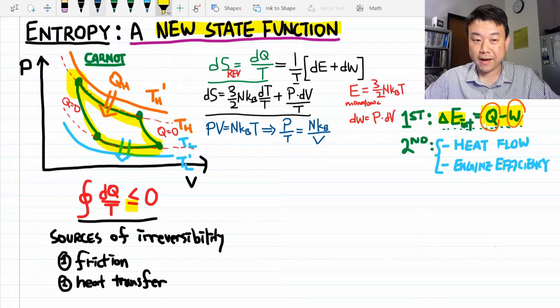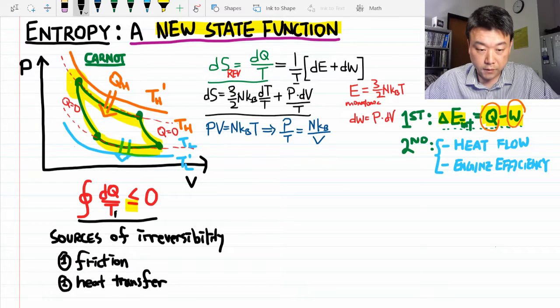So this is why I wrote Clausius's inequality this way. The thing that you are integrating isn't quite the entropy of the system. It's dQ, heat transfer into the system, over the temperature of the reservoir.